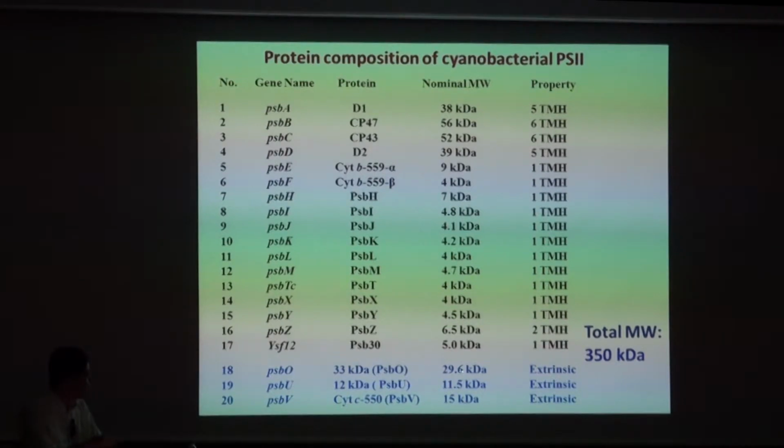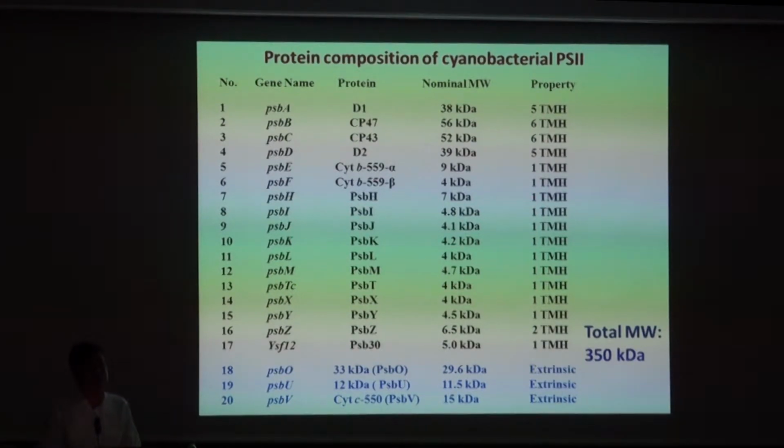In addition, there are 3 hydrophilic protein subunits associated with the surface of the membrane. So, in total, it contains 20 protein subunits with a total molecular weight of 350 kilodalton.